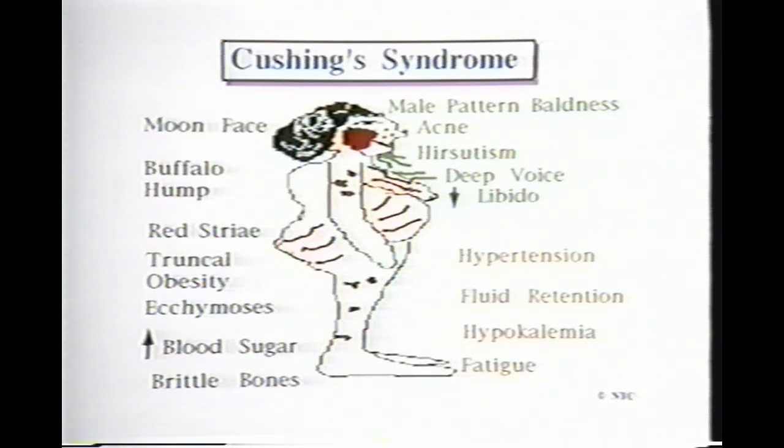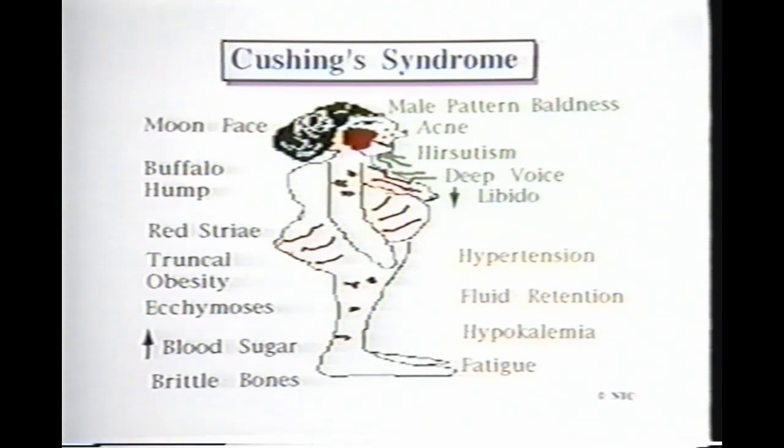If you'll notice this poor dear woman, she has a moon face and a buffalo hump. You'll notice that she has very ugly looking stretch marks. And these are not just ordinary stretch marks, they're red or purple or pink, variously described. She has truncal obesity. Her arms and legs aren't so fat, but the rest of her is quite obese.